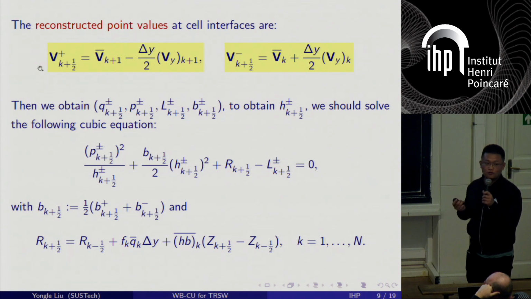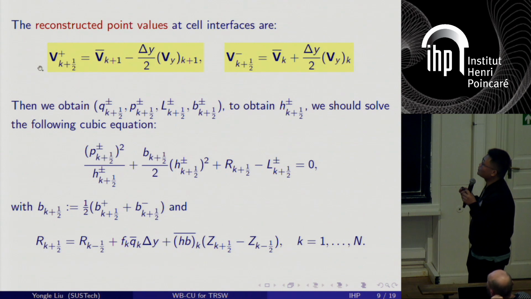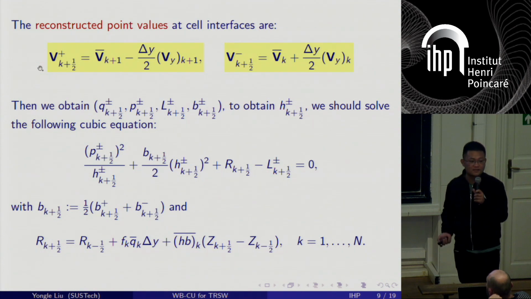We just need to solve these equations, then we can obtain the point values H. So now we have all the quantities we need to compute the numerical flux. And as mentioned before, if we have the numerical flux, then we can solve the semi-discrete system and obtain the numerical solutions at each time step.